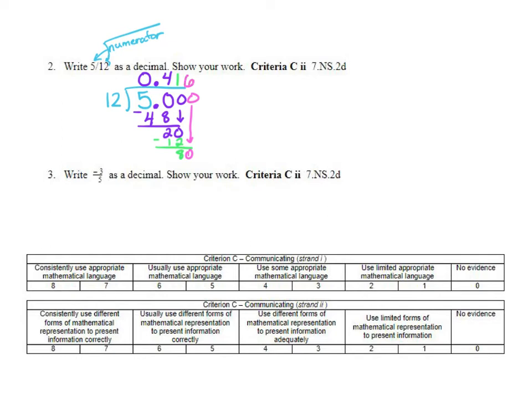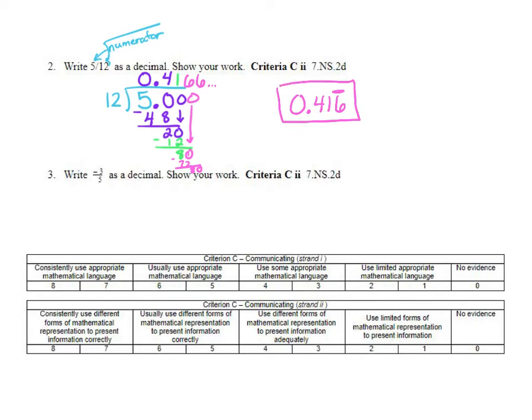So 12 times 6 is 72. I'm going to subtract. I get 8 again. So that means that I'm going to bring down a 0. I get 80, and that would repeat, right? So that would continue. So writing it as a decimal, I get 0.416, and then that repeats. So I'd put a line over the 6.